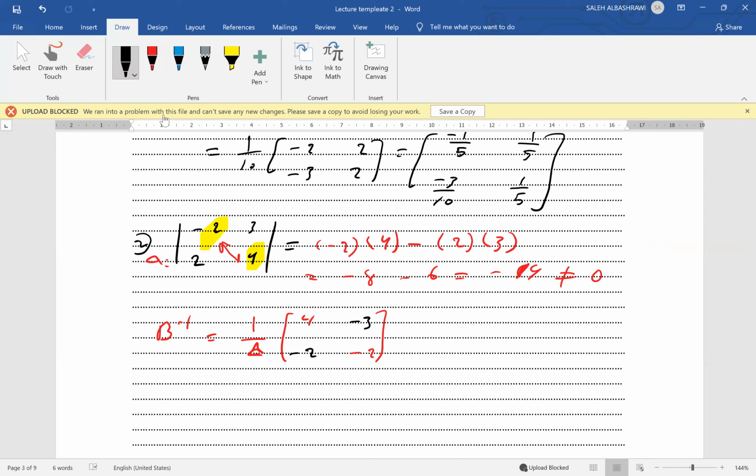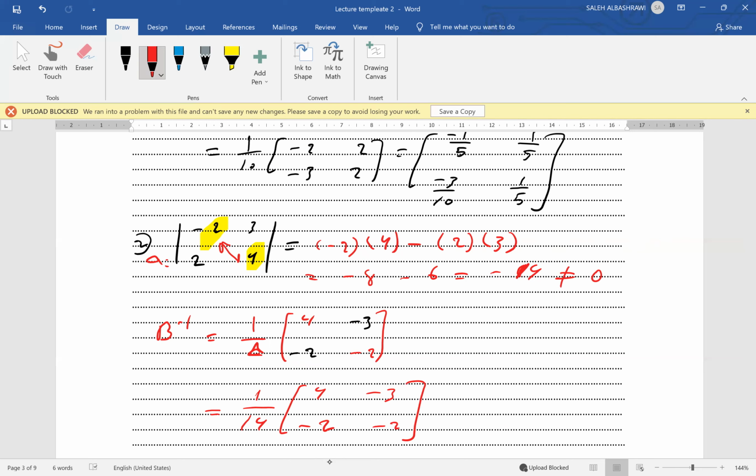This will give me 1 over minus 14, multiplied by 4, minus 3, minus 2, and minus 2. So this is the inverse of the given 2 by 2 matrix.